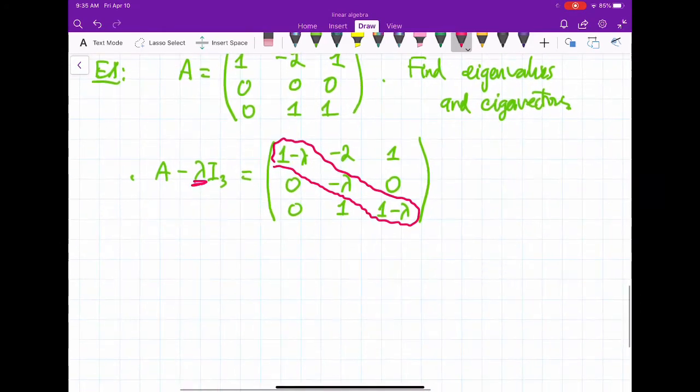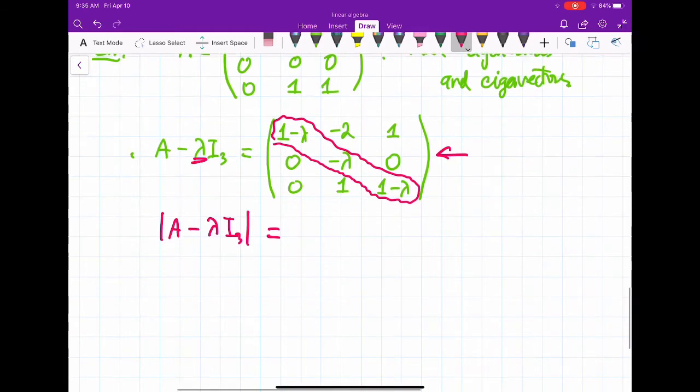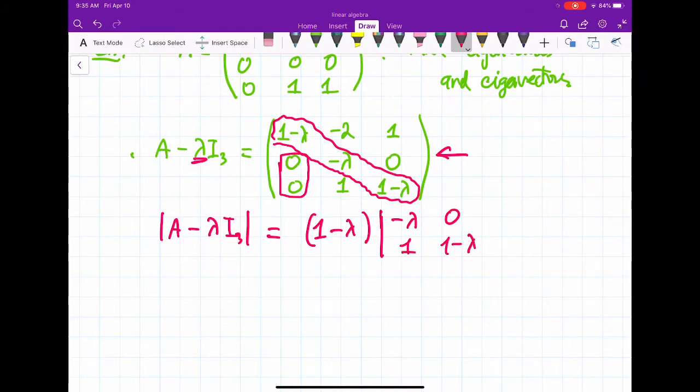And then I will calculate the determinant of A minus lambda I3. So I need to find the determinant of this matrix. We have two zeros right here, which is good. So the determinant is equal to 1 minus lambda times the determinant of negative lambda, 0, 1, 1 minus lambda.